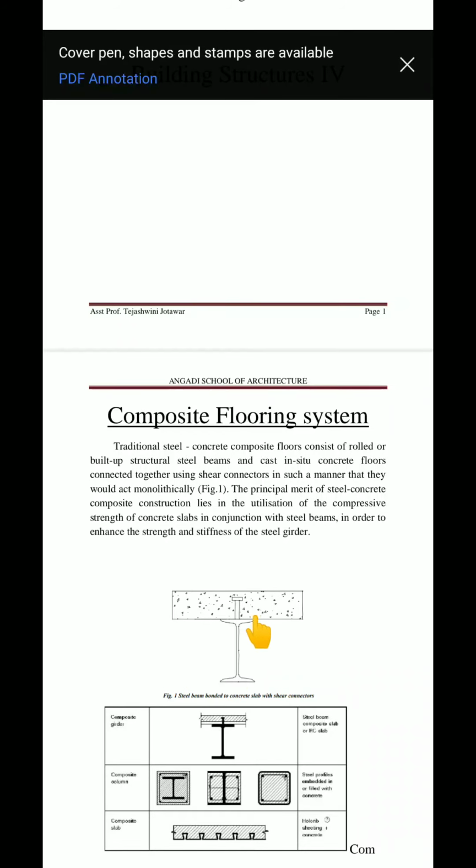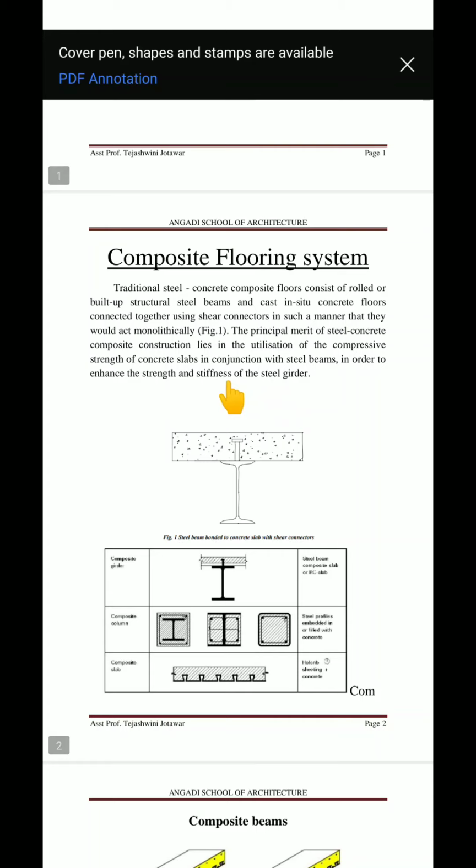So, when we combine steel with concrete, the concrete gives us strength, whereas the steel fulfills the serviceability criteria, though it also has strength. So this is a typical arrangement of a steel beam with a concrete slab in a composite flooring system, connected together by a shear connector.